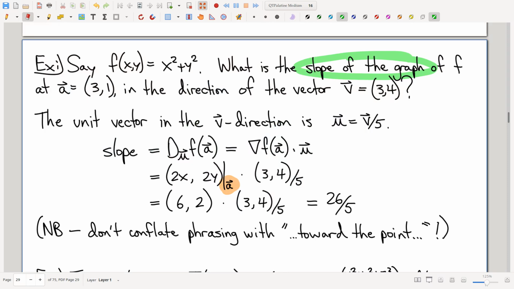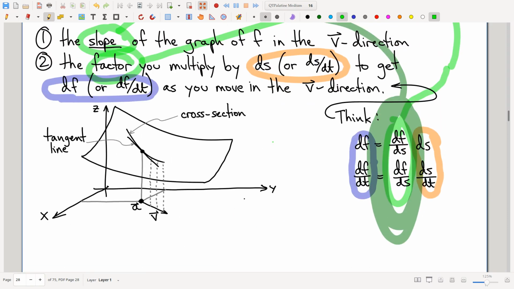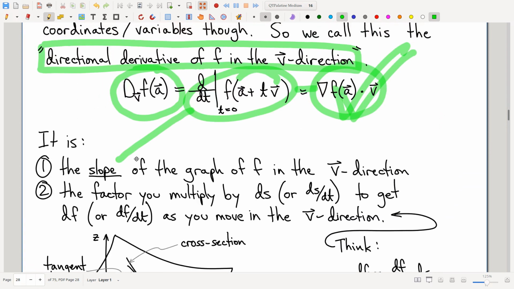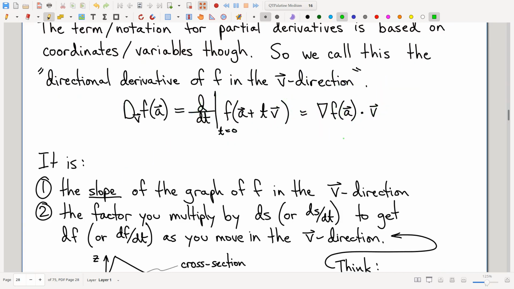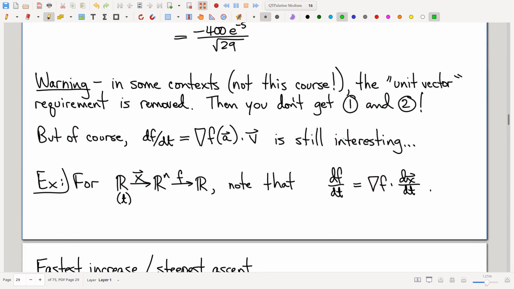There is an awkwardness I have to bring up. This is unfortunate. There are just certain situations where, sadly, the conventions are not standardized. And there is a different take that can be used on directional derivatives.